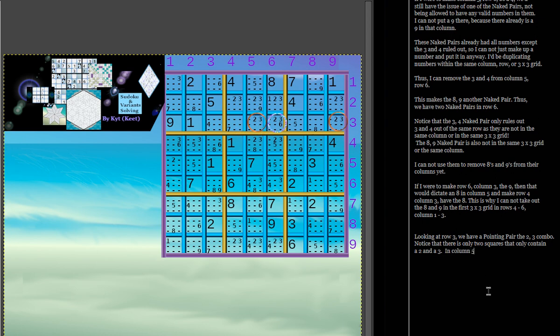In column 5 and 6, we only see a 2-3 combo and no other numbers in those squares at row 3.